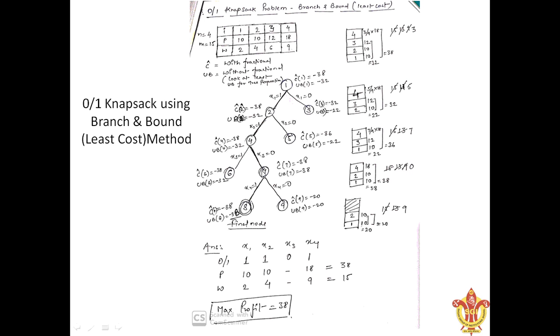Now see what will happen. Here we have included 1, included 2, included 3, and excluding 3 we have seen that one.